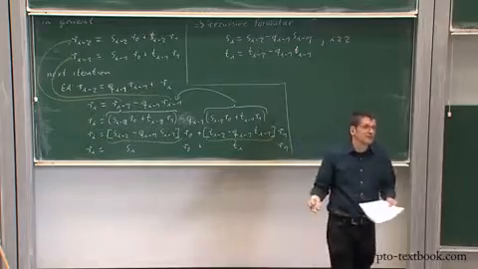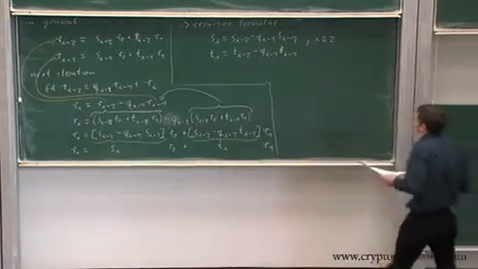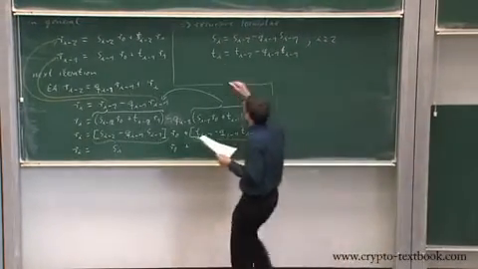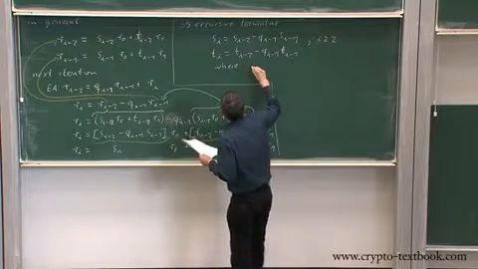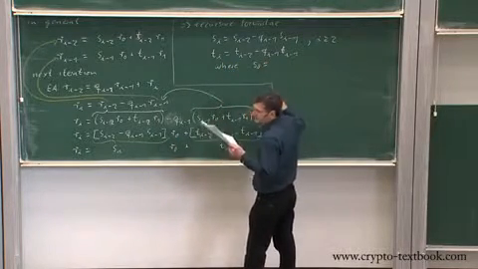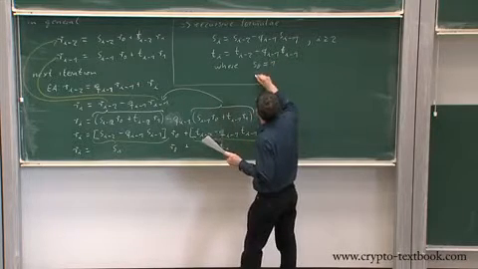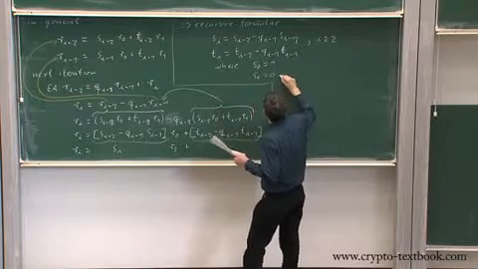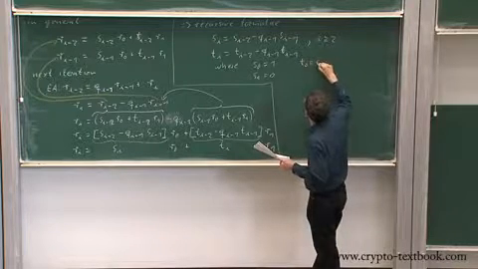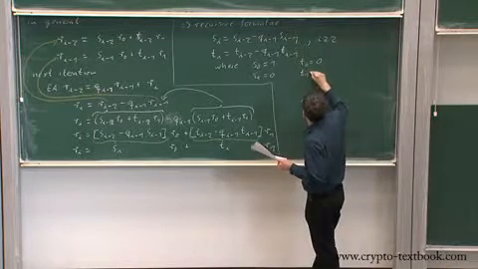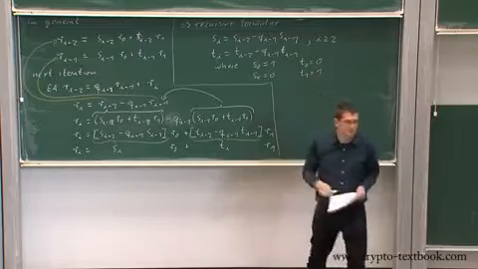So for this, I give you the starting values, the initial values. They're part of the algorithm, namely, wobei S0 is 1, S1 is 0, and T0 is 0, and T1 is 1.